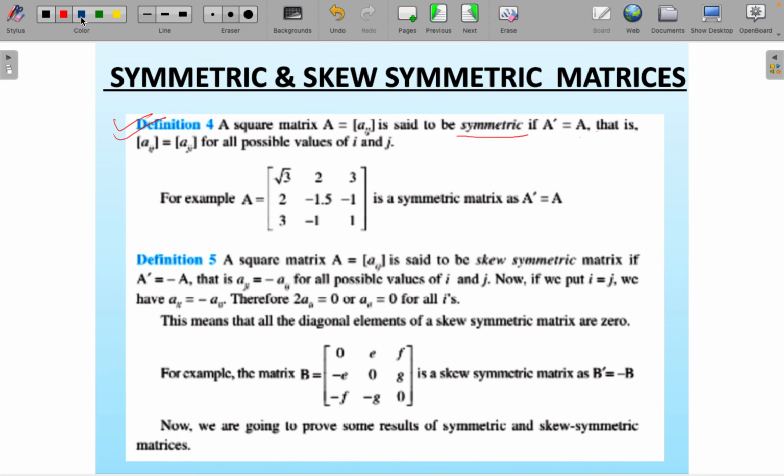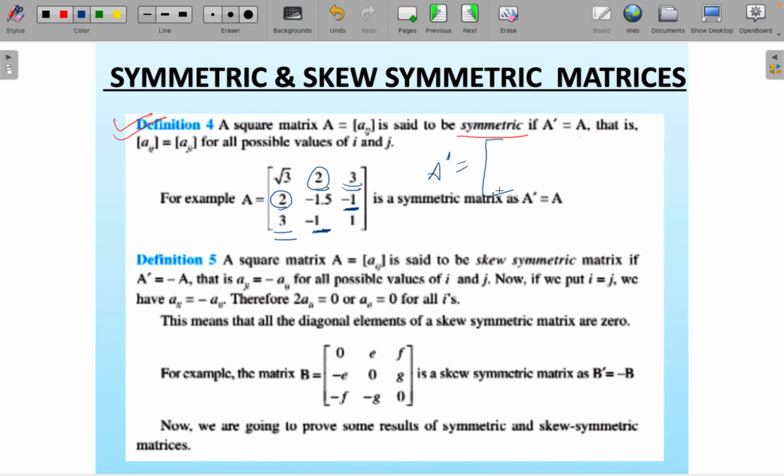Let me explain with the help of an example. For this, you should always remember that this and this element will always be equal. This and this element will always be equal. And here, this element and this element will always be equal. Diagonal can be anything.